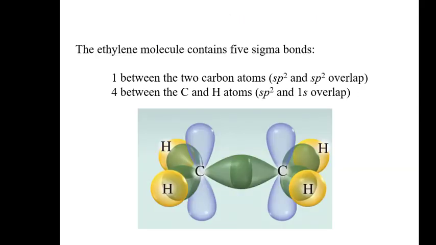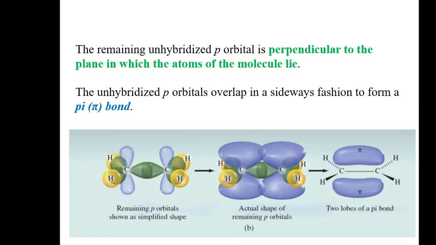So say, for example, we look at the ethylene molecule. We have our sigma bonds that correspond to the overlaps along the internuclear axis. And then you can still overlap those p orbitals. So you see those blue orbitals that are perpendicular? Well, those can also be overlapped.